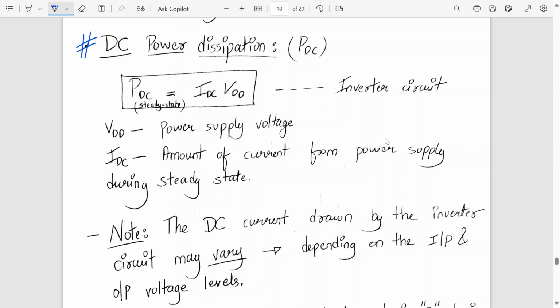DC power dissipation is given by the amount of current from the power supply during steady state and the power supply voltage.